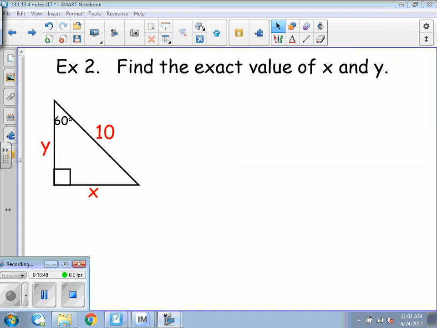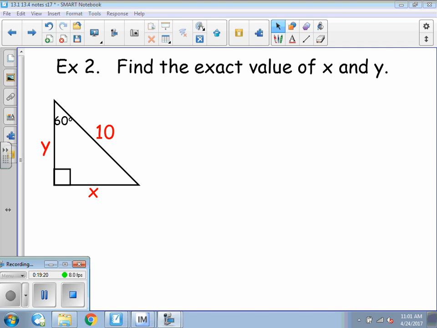Find the exact value of x and y. Now, if it didn't want the exact value, if it wanted a rounded off value, then we could use our calculator to do that, because we could calculate, say, the sine of 60 degrees or the cosine of 60 degrees. But since it wants an exact value, we have to put in exactly what the sine of 60 degrees or the cosine of 60 degrees is.